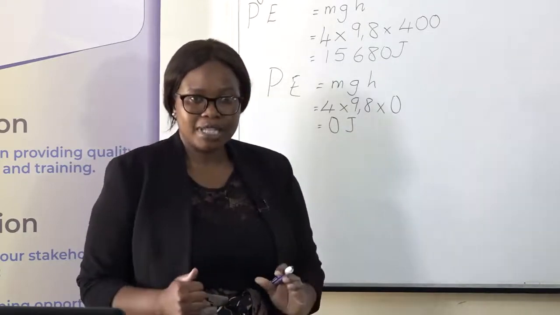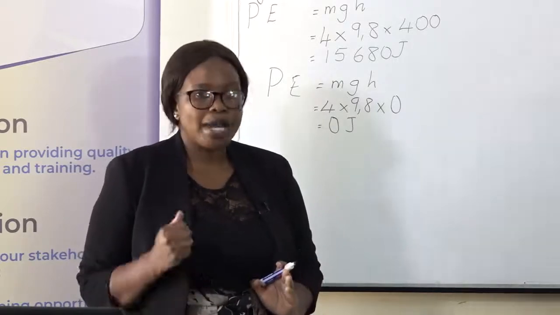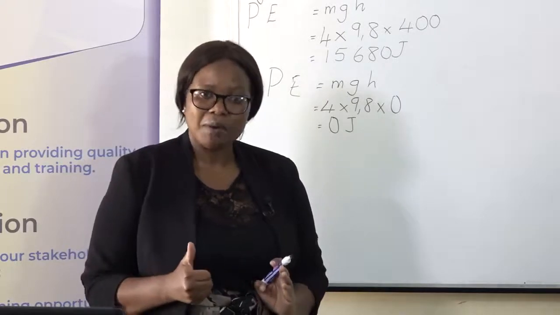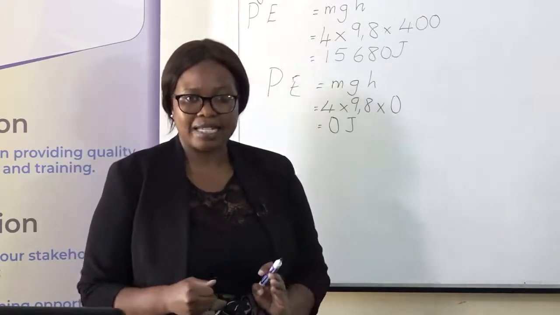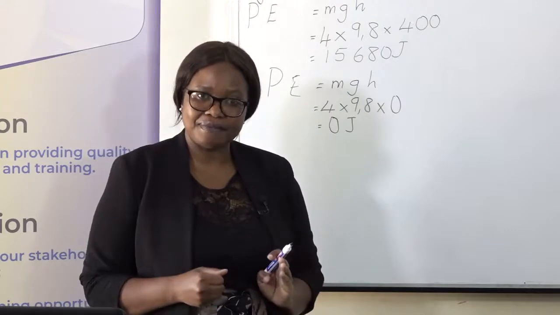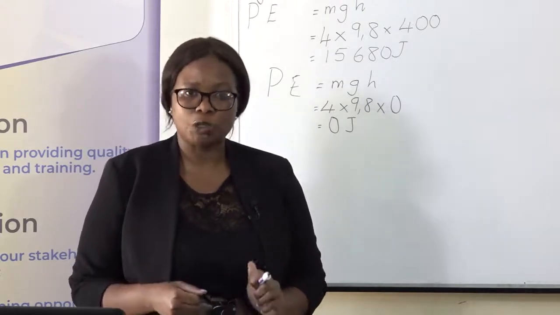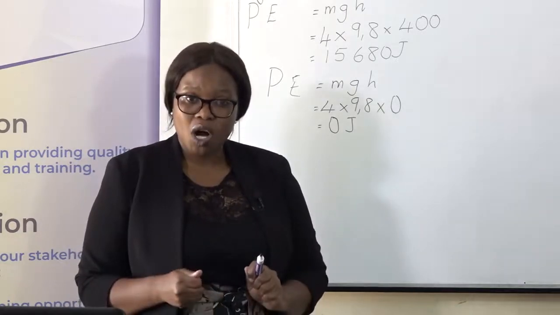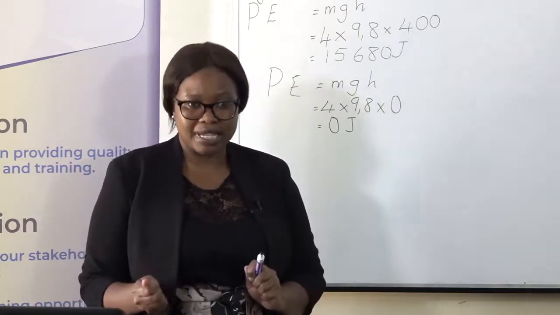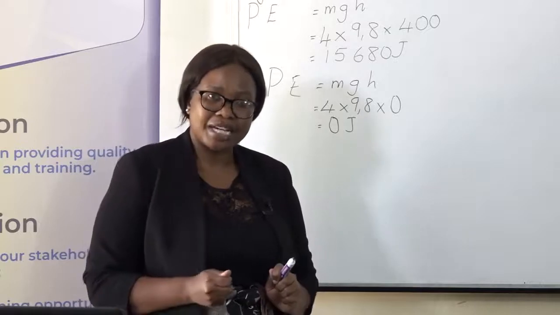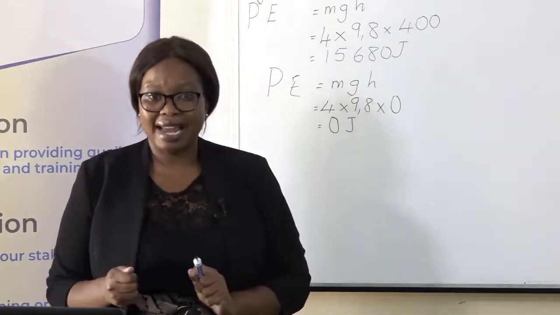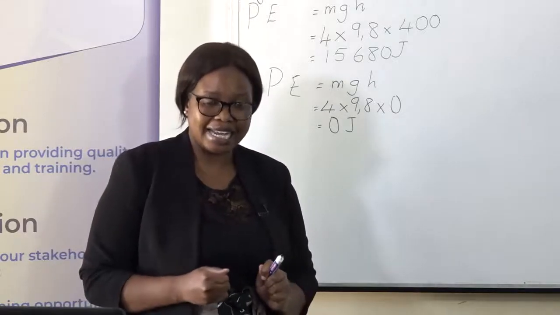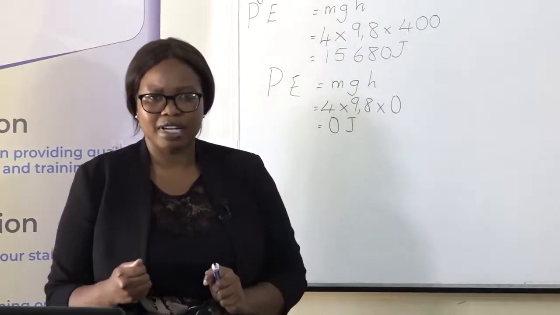But if we do this, we are not yet done. We want to apply the law of conservation of energy, where we say energy cannot be created or destroyed, but it is transferred from one form to another. The gain in kinetic energy is equal to the loss in potential energy. So here we are changing potential energy to kinetic energy. And like I said, the gain in kinetic energy, how does this stone gain?